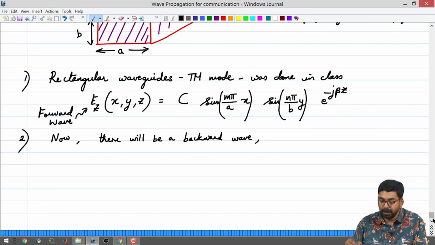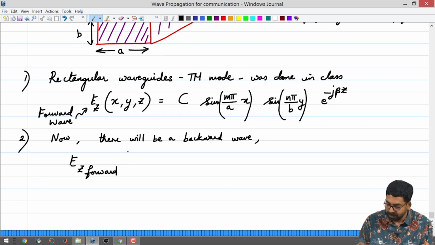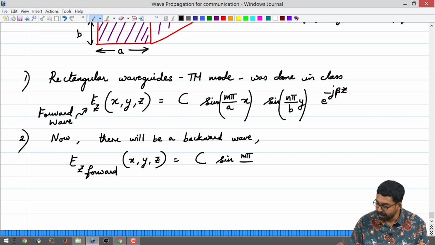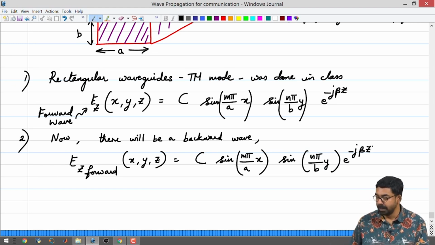So, the forward wave is going to look like the description that I already have. So, I am just going to rewrite that here. I am just going to say Ez, but I am going to make a note that it is forward, still depends on x, y and z positions. It is looking like a constant multiplied with sine m pi by a into x, sine n pi by b into y, e to the minus j beta z.